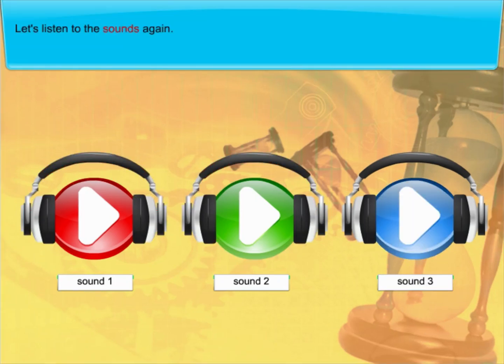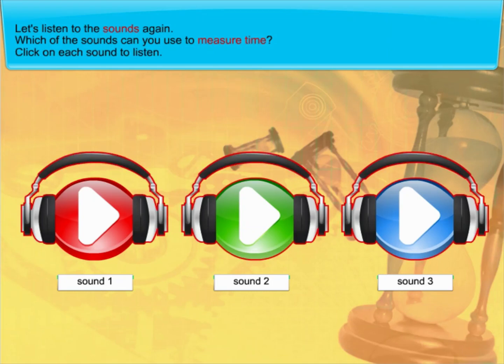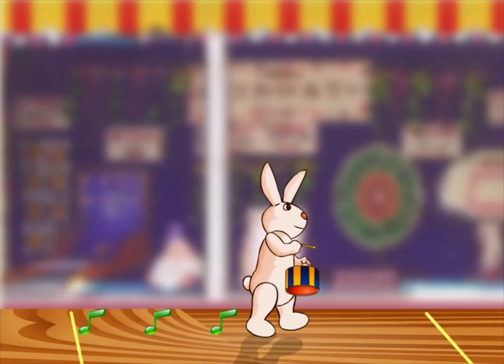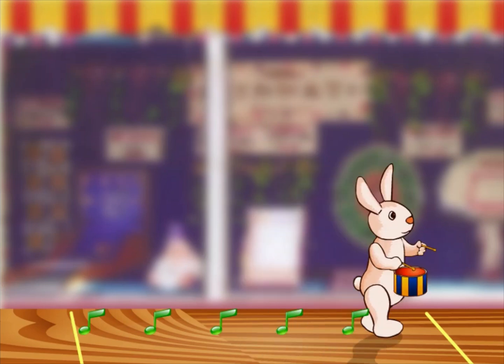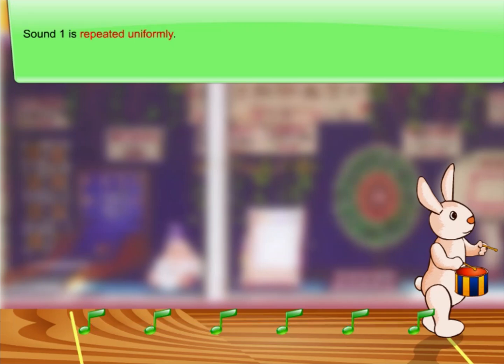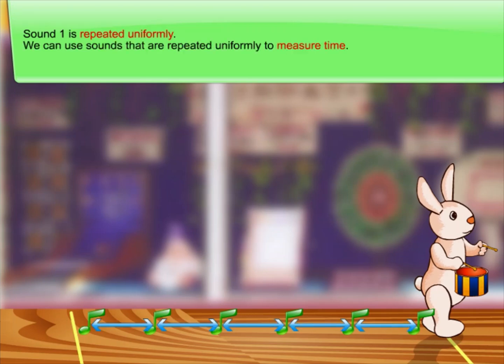Let's listen to the sounds again. Which of these sounds can you use to measure time? Click on each sound to listen. Sound 1 is repeated uniformly. We can use sounds that are repeated uniformly to measure time.